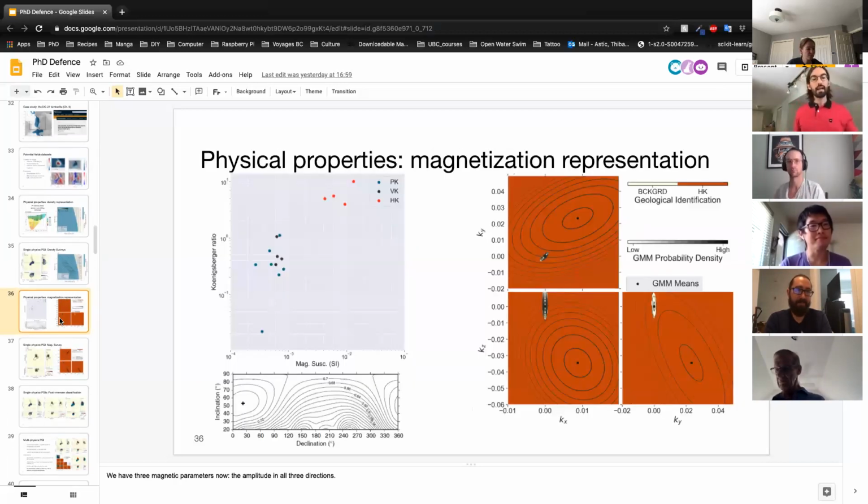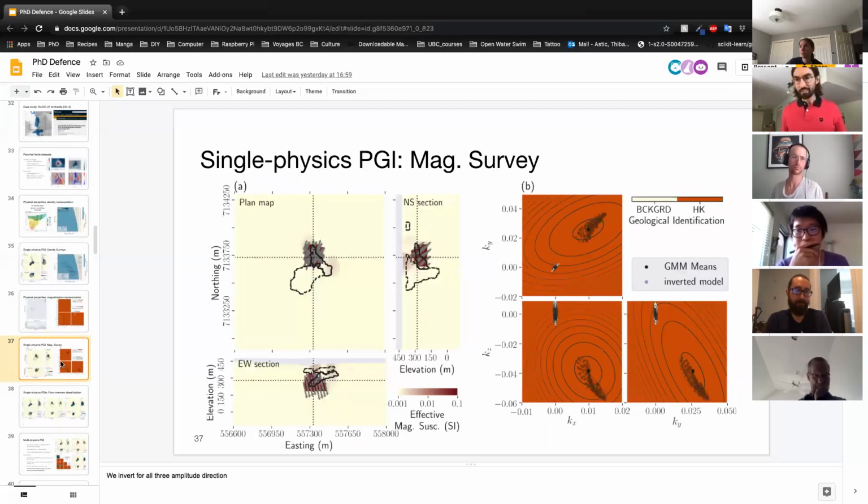Okay, yeah. It's true that if we do the single physics inversion, it's not quite necessary because it's all in the same direction, and I agree with that. For the single physics PGI with a single unit with only HK, I could have fixed the orientation and said, this is the orientation of the field, and invert for that.